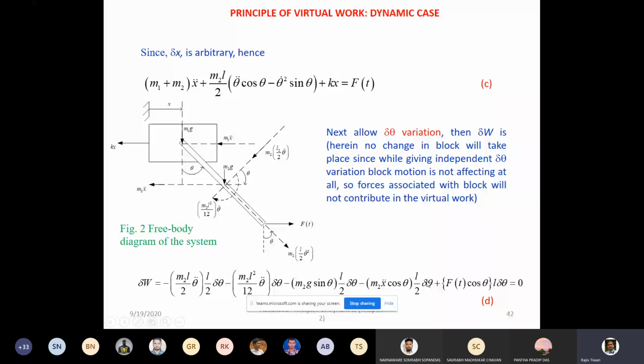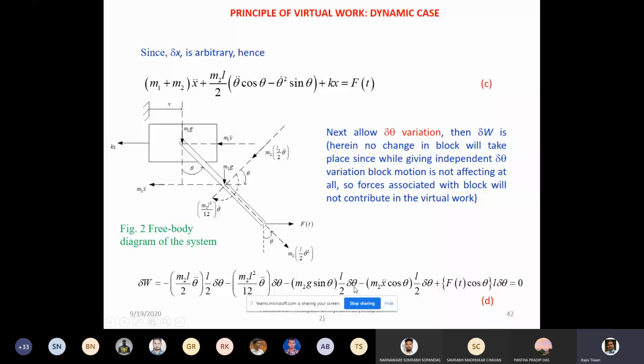Similarly, the external force is in the horizontal direction. Component of that in the tangential direction will be with cos theta, and because it's acting at the end, the total swing of the pendulum at the end will be L delta theta. Other forces are acting at the middle, so L by 2 delta theta, but the external force is acting at the end, so this is L delta theta.